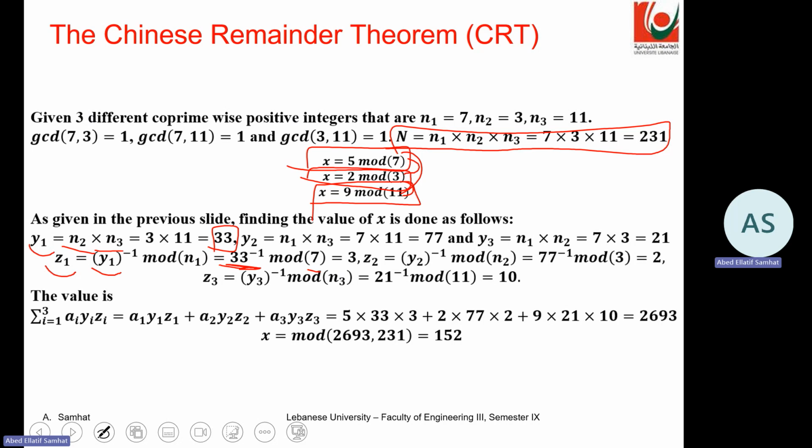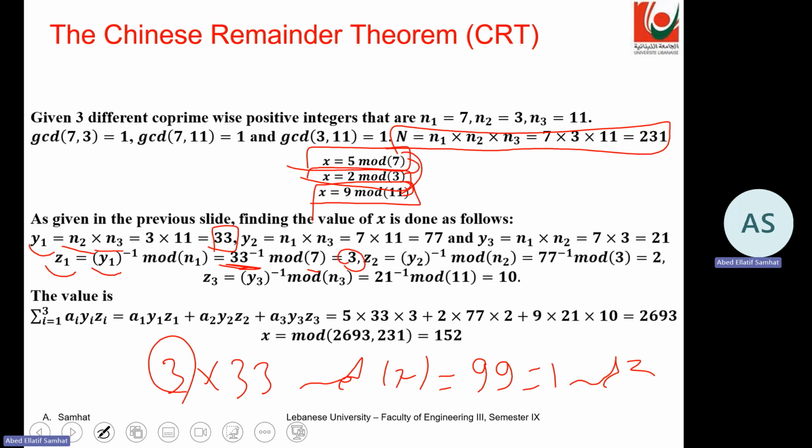The result is 3, because 3 times 33 is 99, and 99 equals 1 modulo 7. We also calculate y2 following the same idea, which is n over n2, that is n1 times n3, and y3. Then we calculate z2 and z3.